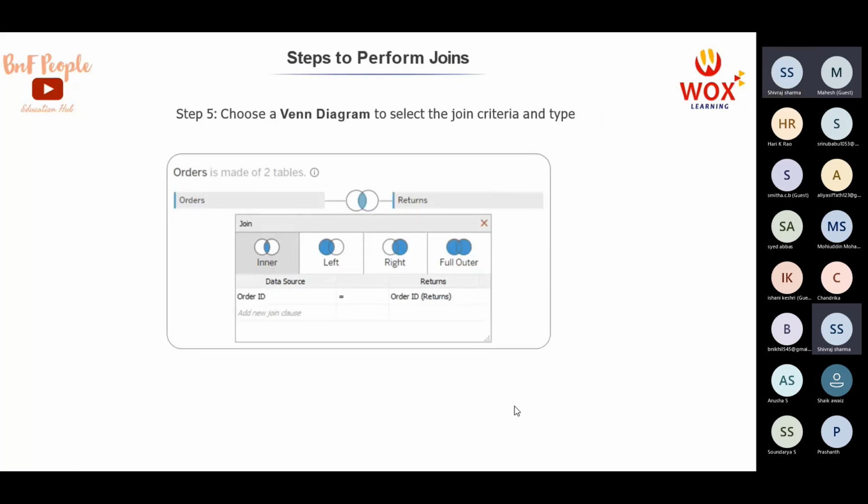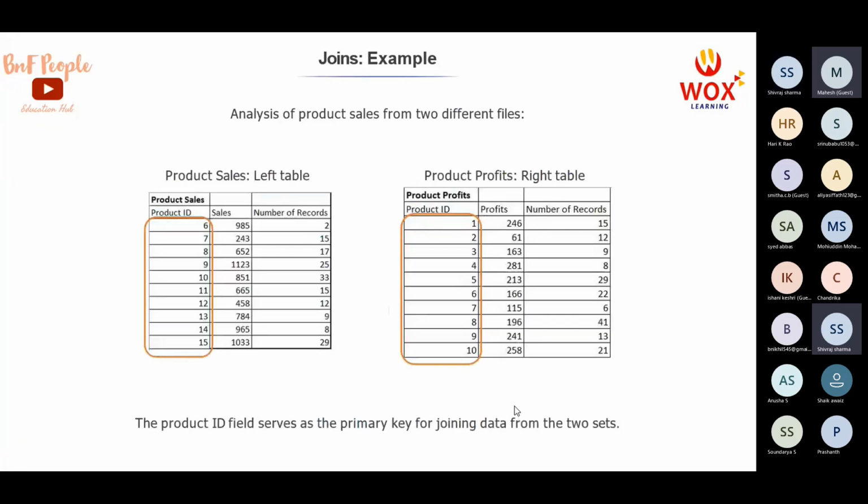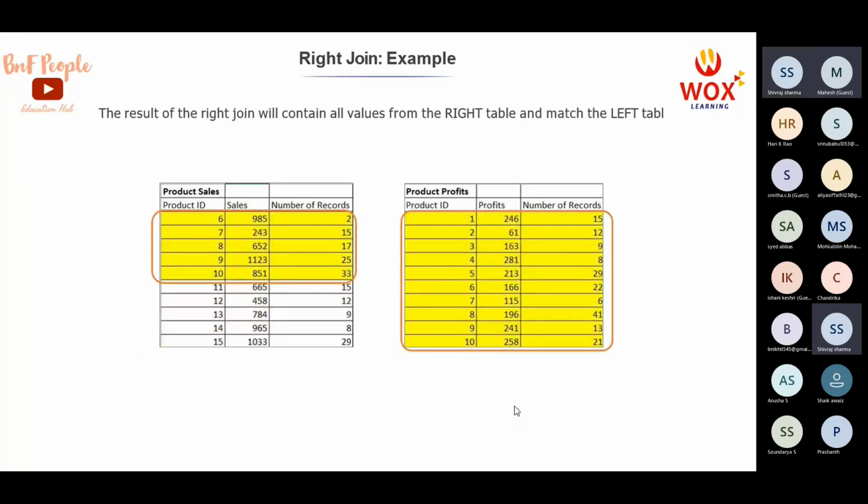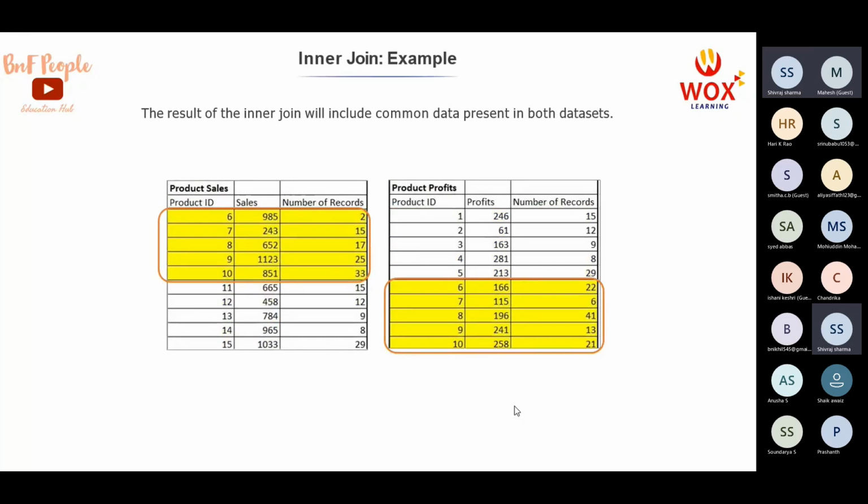Then by clicking the visualization, there is an option of 4 different types of joins. Then we saw how these joins work by taking a very small example of a data set, so that cleared what the output will be and how it works.